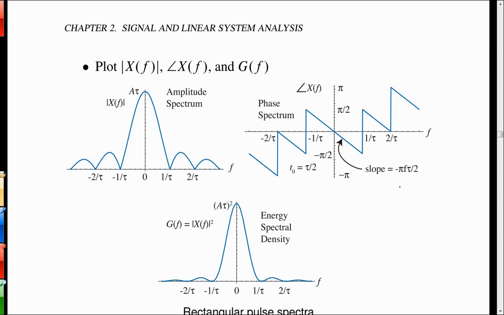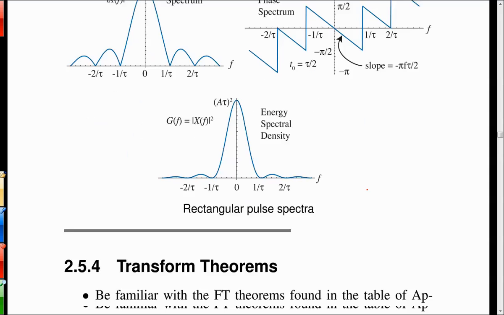I think I have t naught equaling tau over 2 or tau over 4? It says tau over 2 right there. I make my pictures, but then I don't stare at them long enough to realize where I put the note in. And there's the energy spectral density.